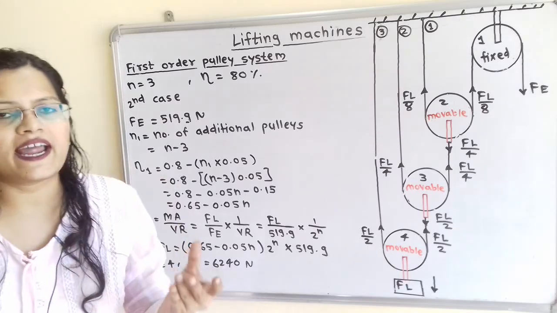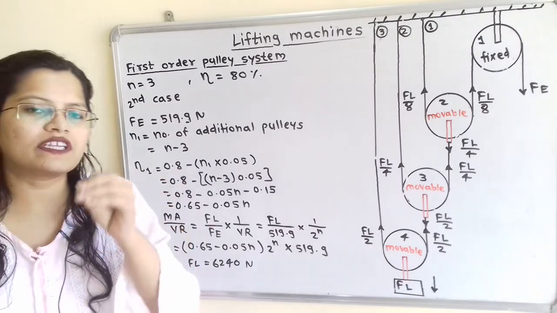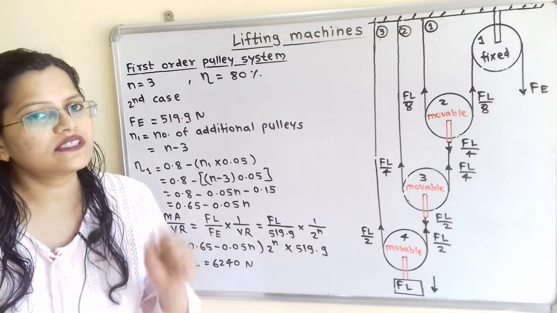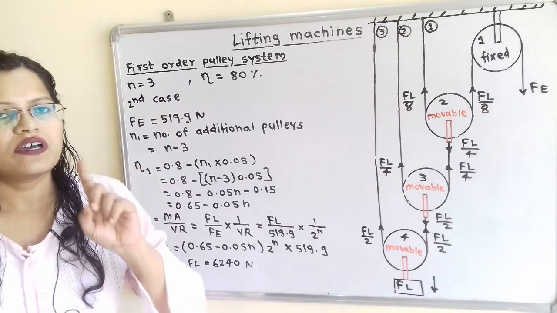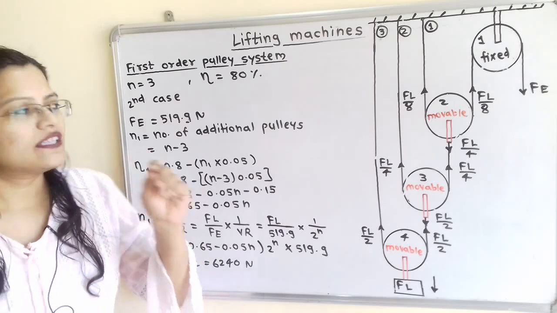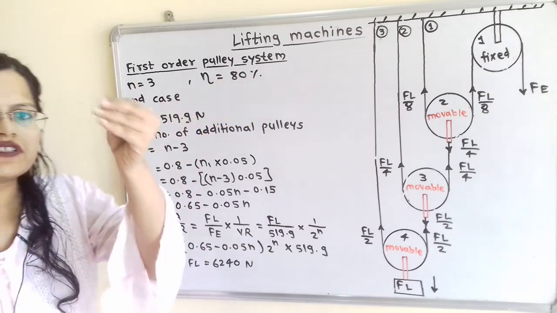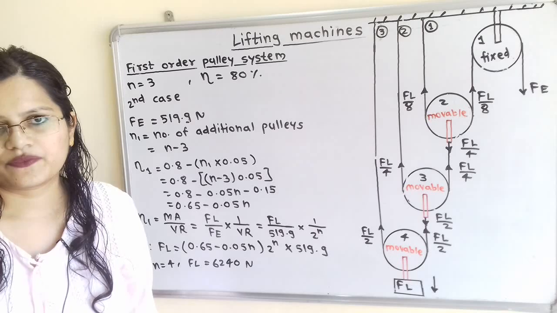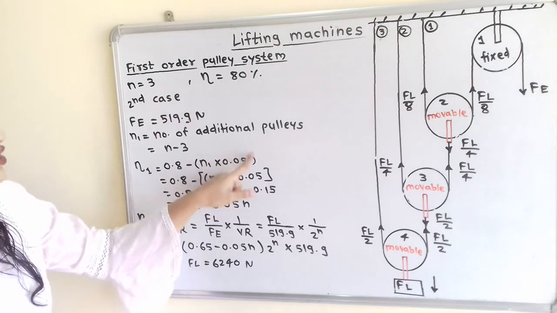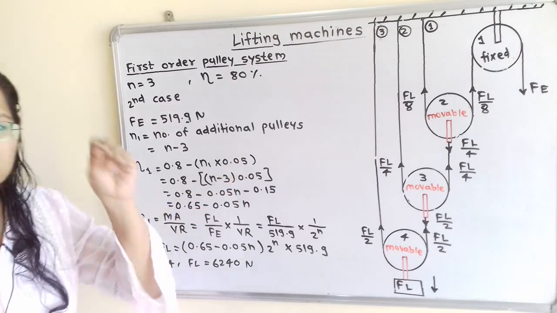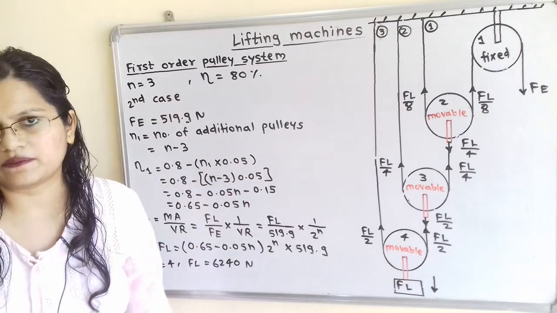Now when we add any pulley, what is the condition given? This condition is related to efficiency eta. For any additional pulley, the efficiency is reduced by 5%. That is, when we add one pulley, efficiency is reduced by 5%, that is 0.05 times.